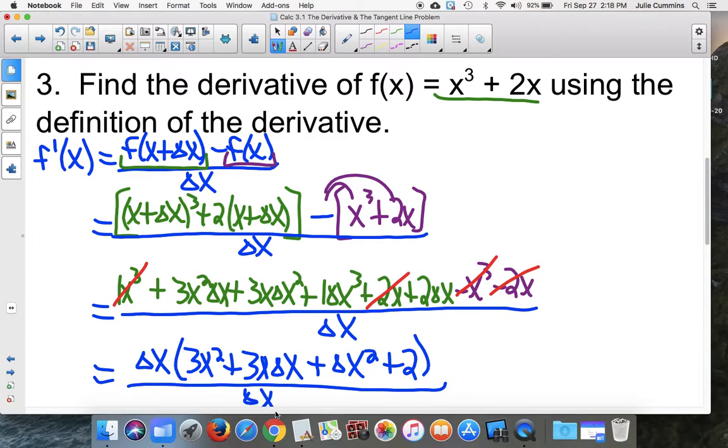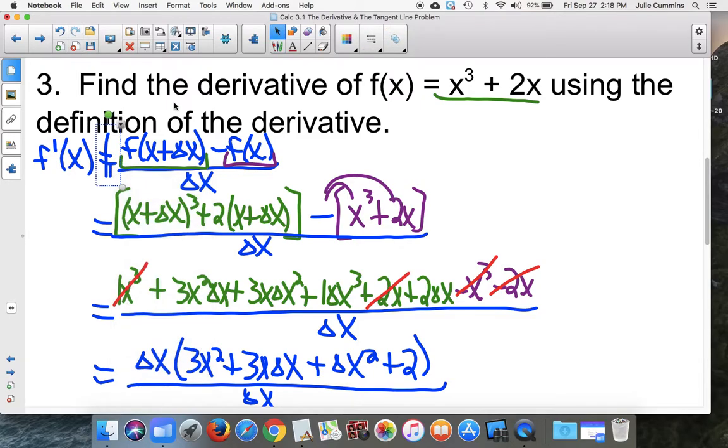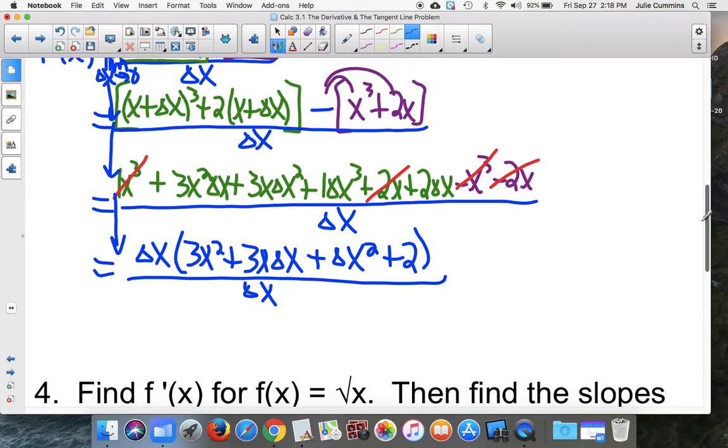I forgot the limit part of this. Remember, this is the limit. Out in front of this whole thing is the limit as delta x approaches 0. That should be in front of all of this. I'll write it in the next step. Sorry about that. Okay, so once we get here, here's this limit.